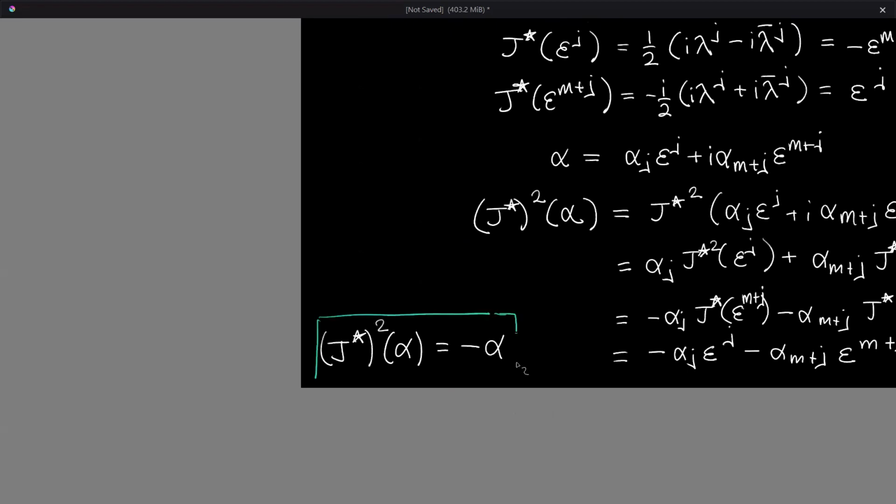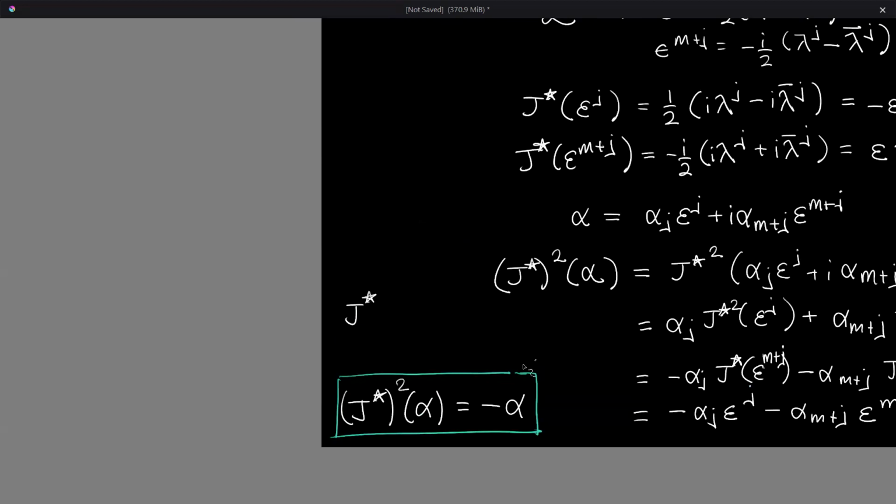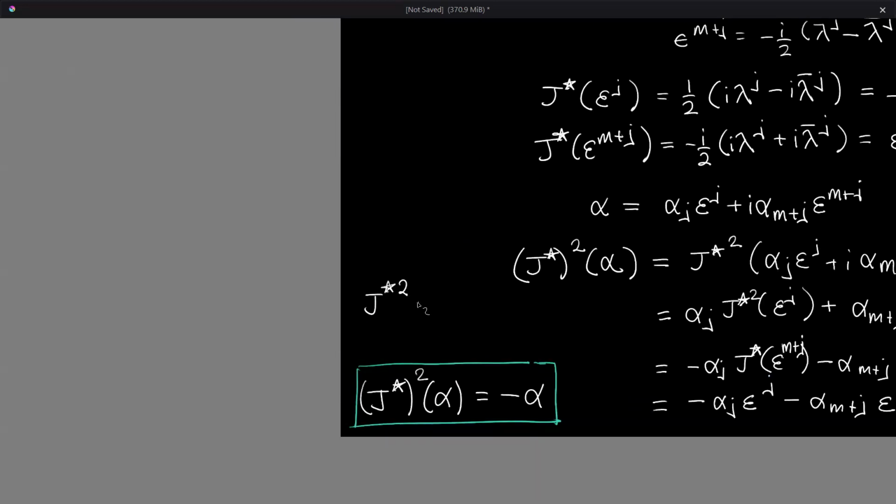This means that J star squared is equivalent to minus identity from V star cross C to itself.